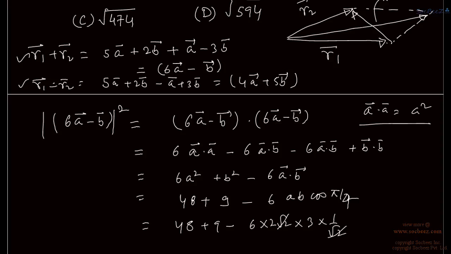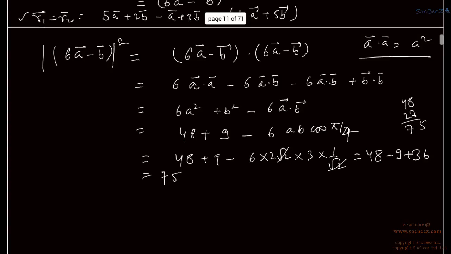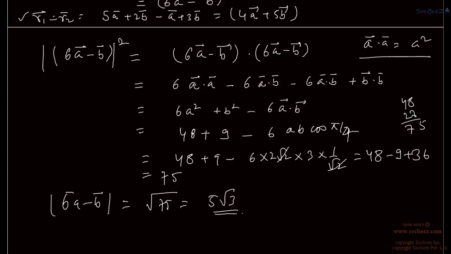So root 2 cancels. So this results in 297 minus 72, which is equal to 225. That means the length of diagonal r1 plus r2, 6a minus b modulus, is equal to root under 225, which is 15.